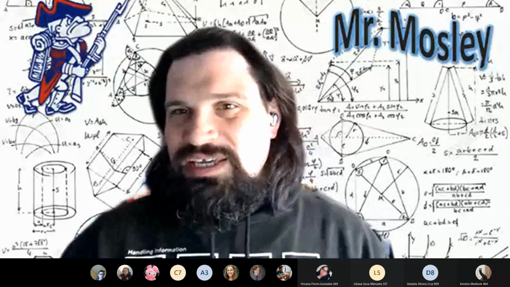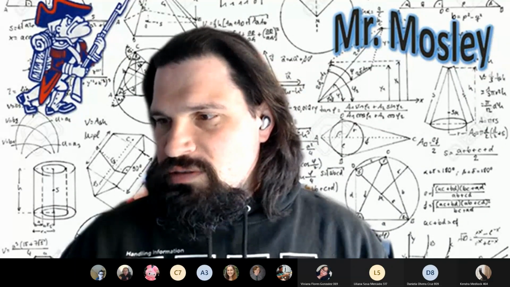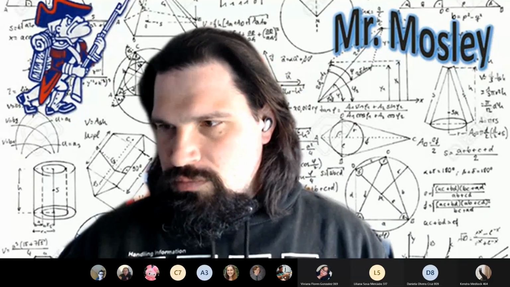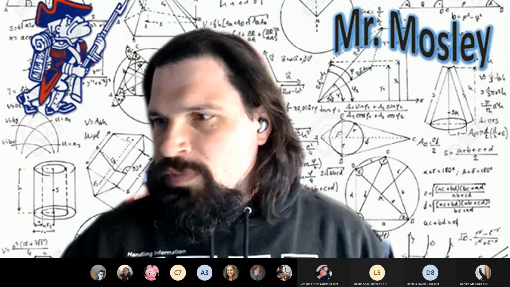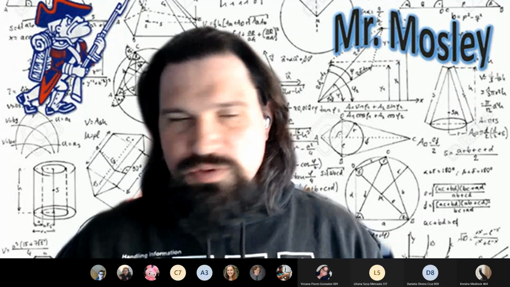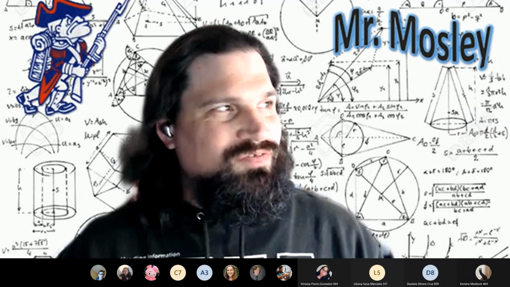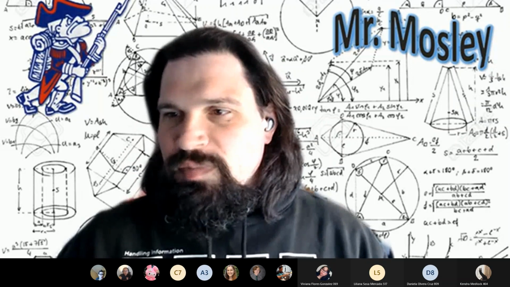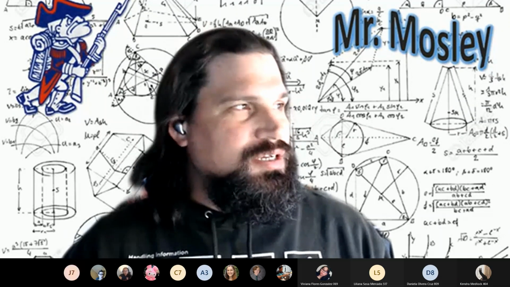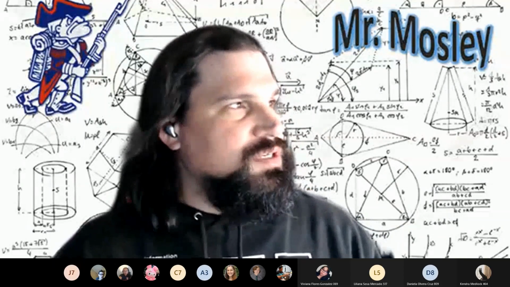I'm going to put that link to the Desmos activity into the chat. There we go. You can also go to student.desmos.com and find the 8.2 activity in the course that we have set up in Desmos, or the class we have set up in Desmos.